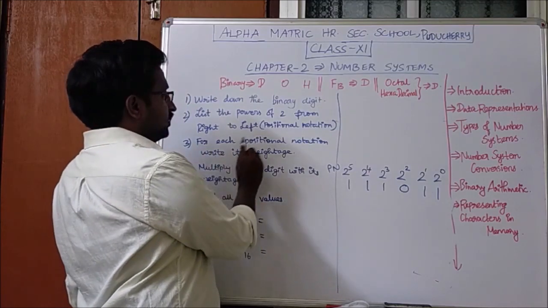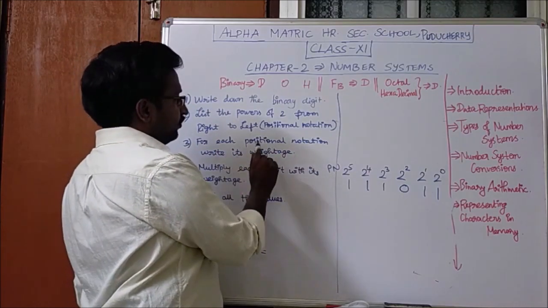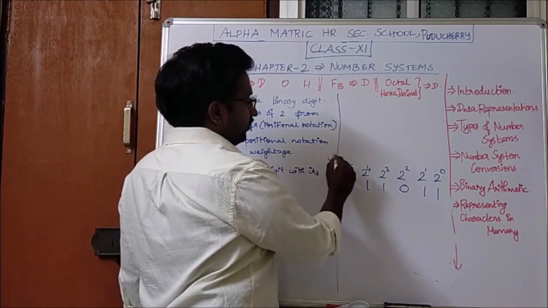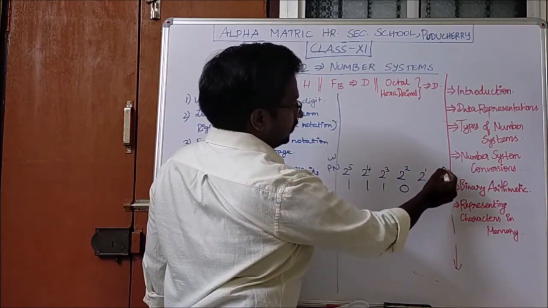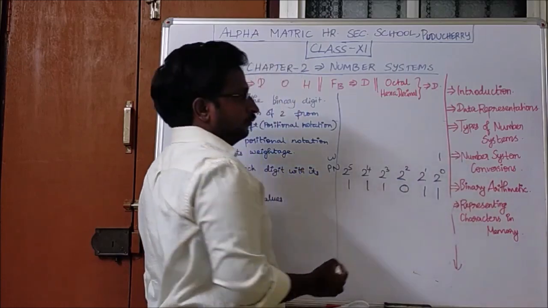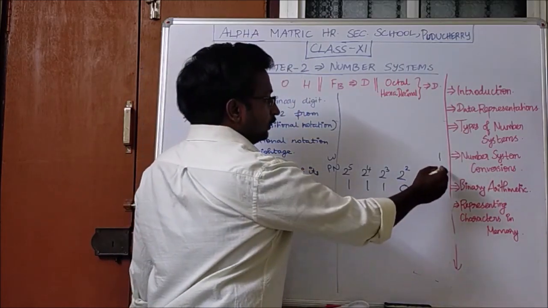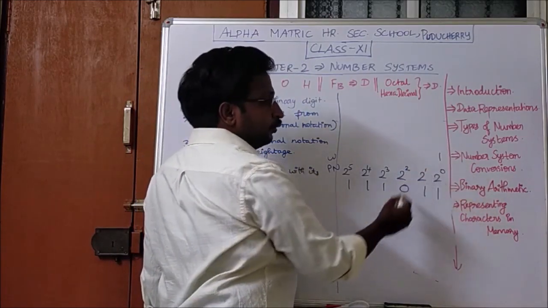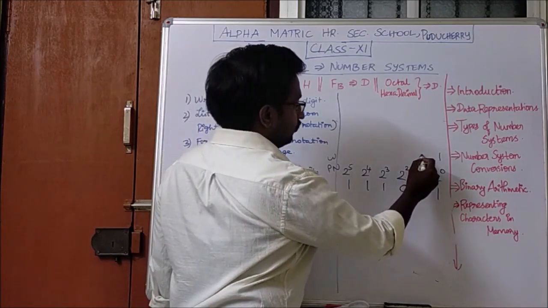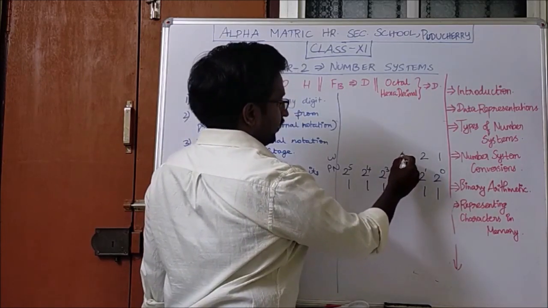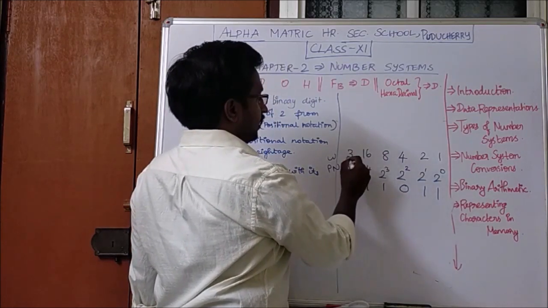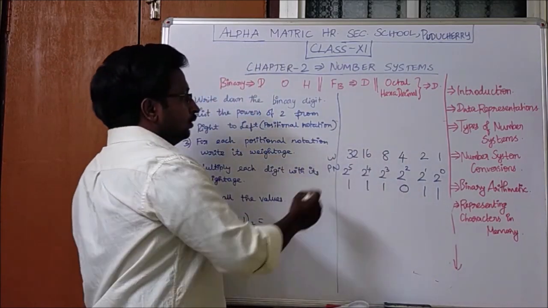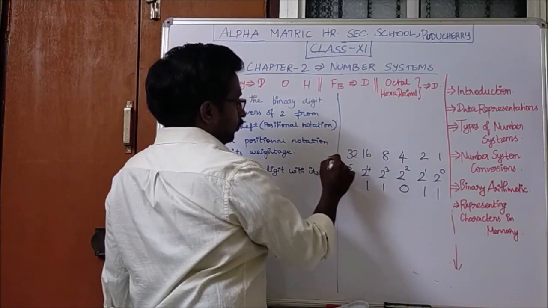Next, for each positional notation, write its weightage. Weightage is nothing but simplifying this, you have to write the answer. 2 power 0 is 1. For any number, if the power is 0 the value is 1. 2 power 1 is 2. 2 square is 4, 2 cube is 8, 16 and 32. So this part we call the weightage.